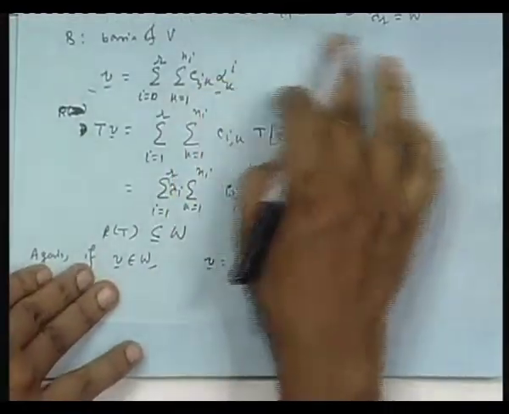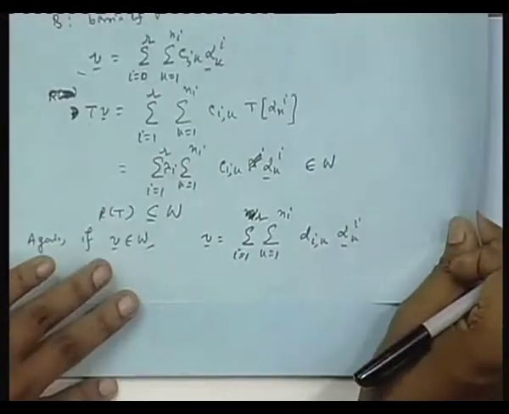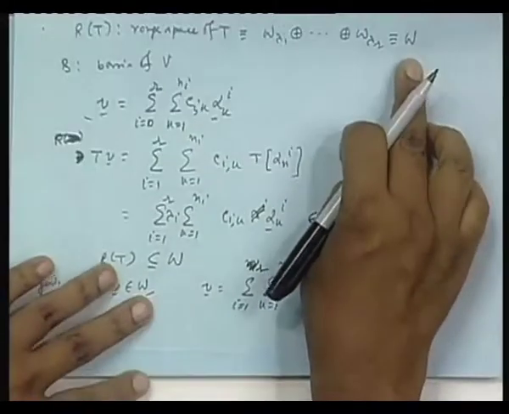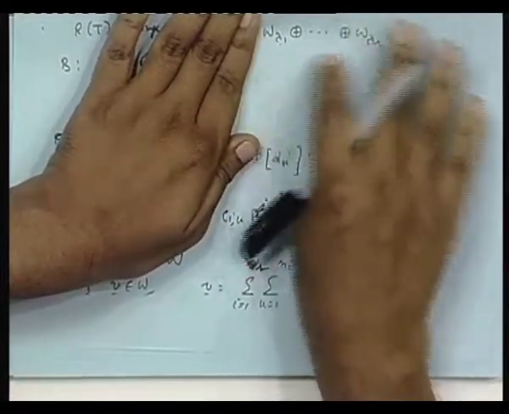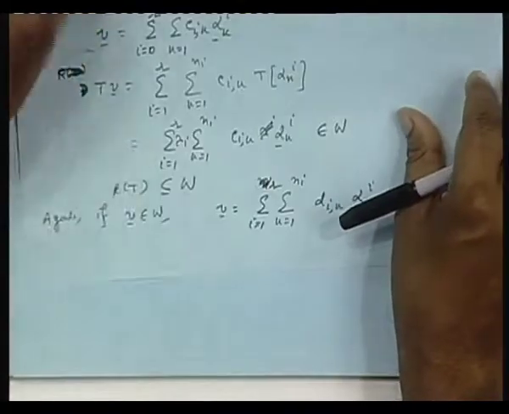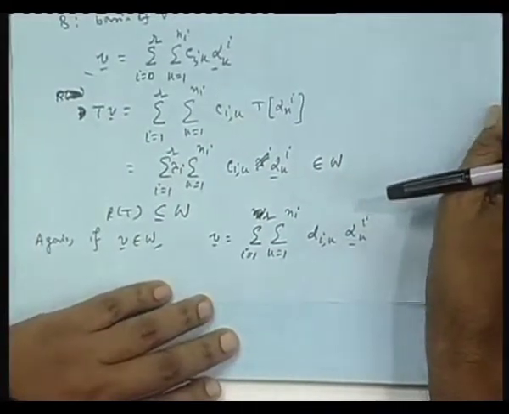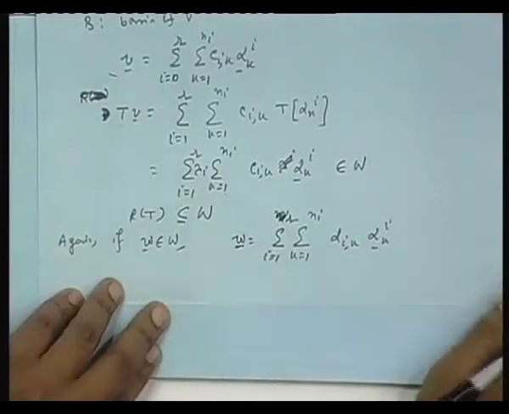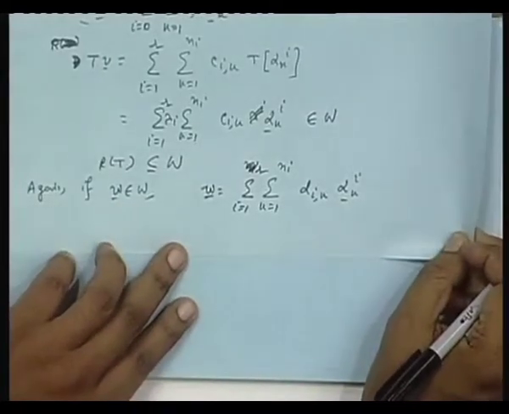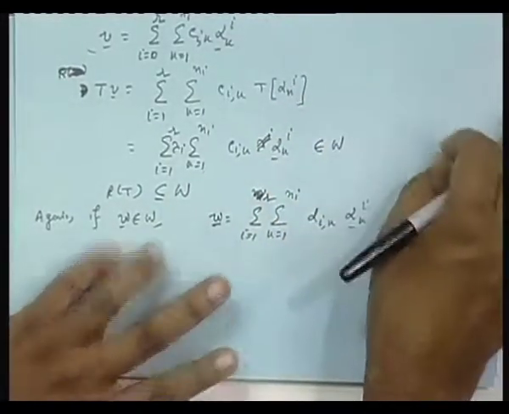That is the basis vectors of the subspaces in a linear combination, because W is nothing but the direct sum of these distinct eigensubspaces. In fact, why v? You can call it w, that is better. Any vector belonging to capital W can be written like this.